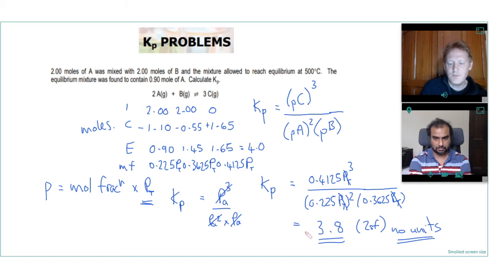So our answer for Kp is 3.8, no units. Dimensionless. Exactly.